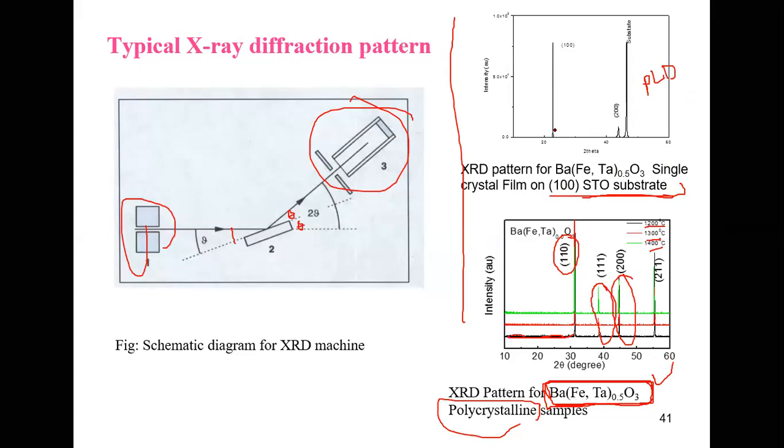Then a single crystal material will be grown on top with 100 symmetry. So this is called a thin film or single crystalline thin film. In this case, the orientation of the atoms will be the same.